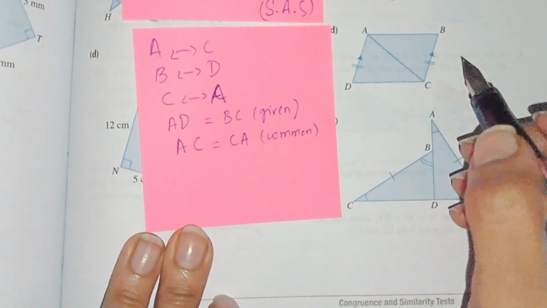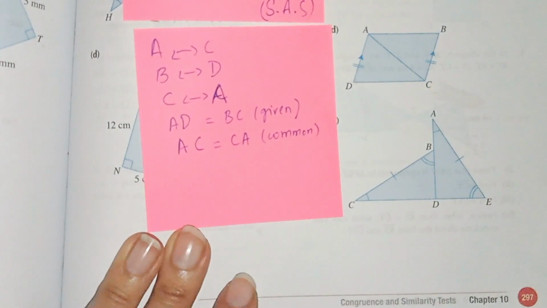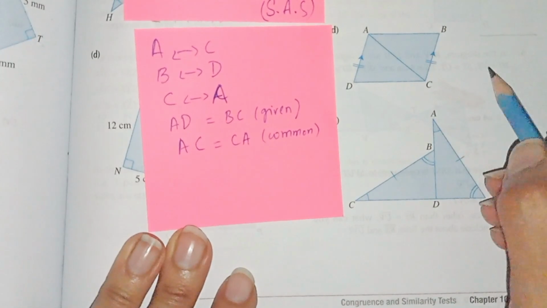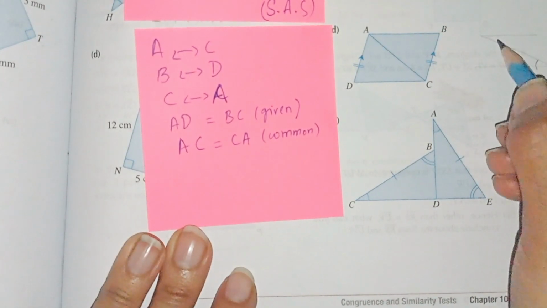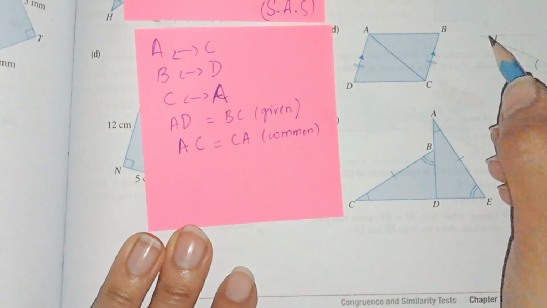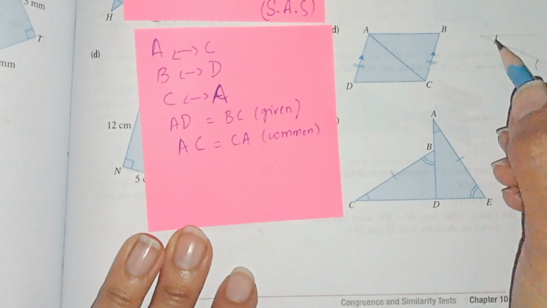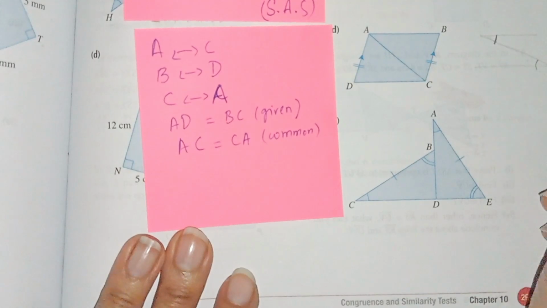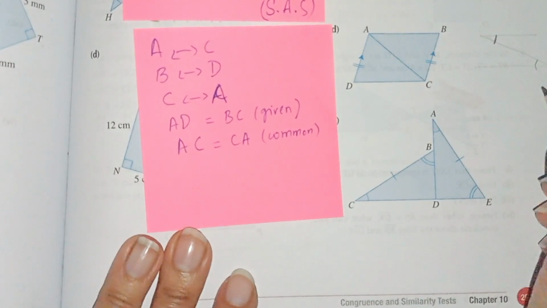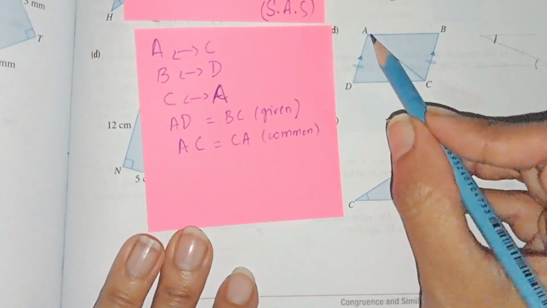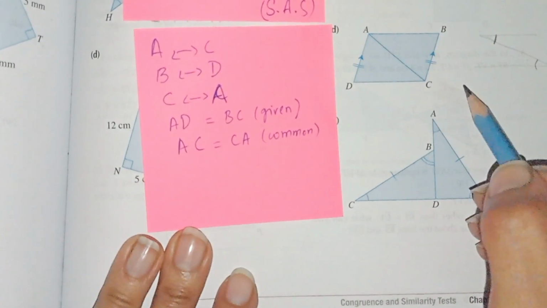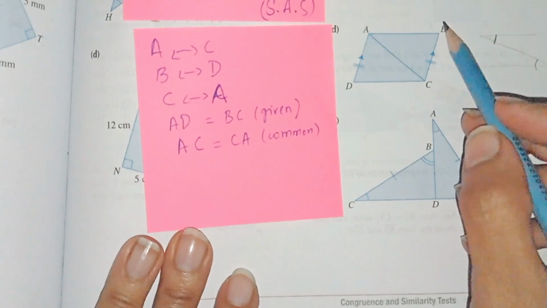Now you can observe that these are two parallel lines and which line cuts them? This angle and this angle are equal, they are alternate angles, and alternate angles are always equal. It means angle DAC is equal to angle ACB.